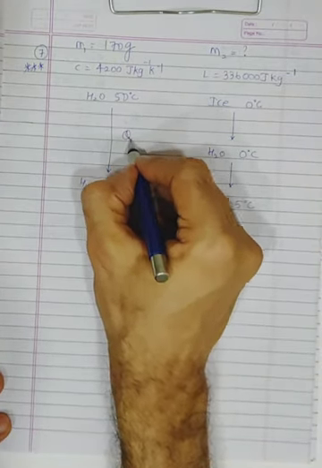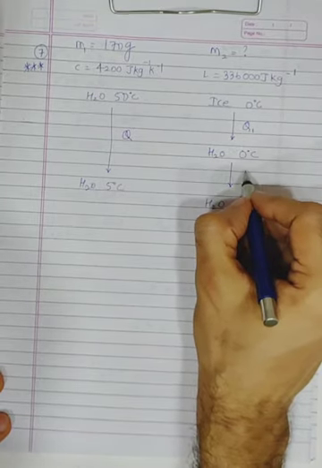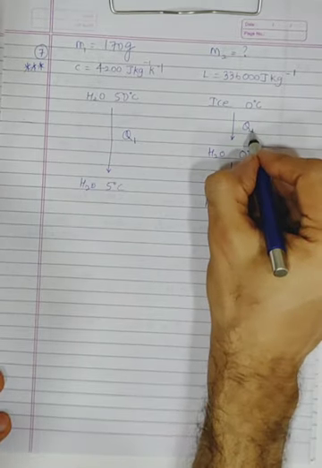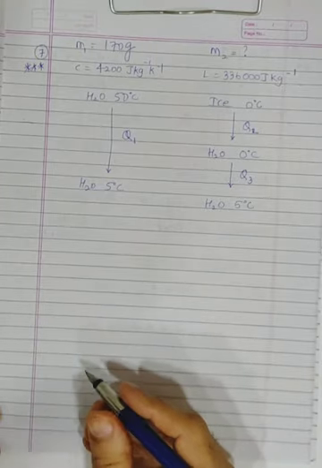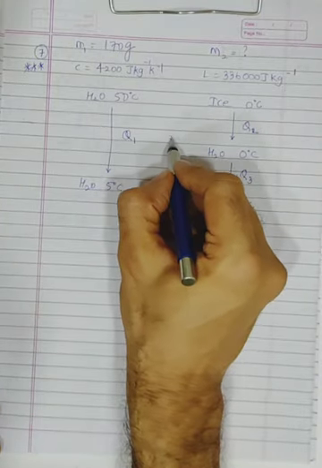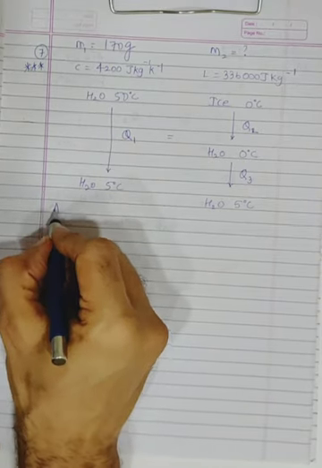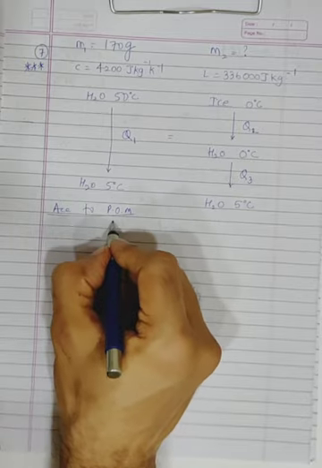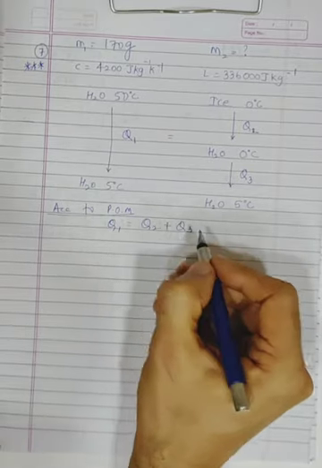Q is equal to Q1 plus Q2, or I can say Q1 is equal to Q2 plus Q3 also, because water is losing heat to ice. So guys, out here, according to the principle of mixtures, write the whole statement and then we write the equation Q1 is equal to Q2 plus Q3.